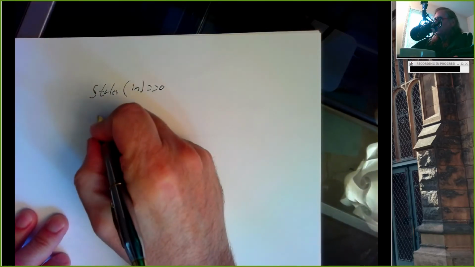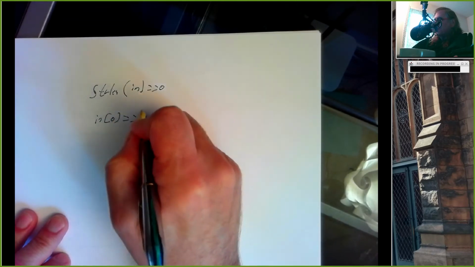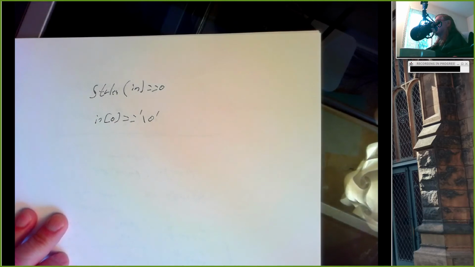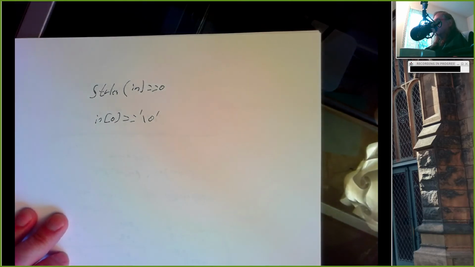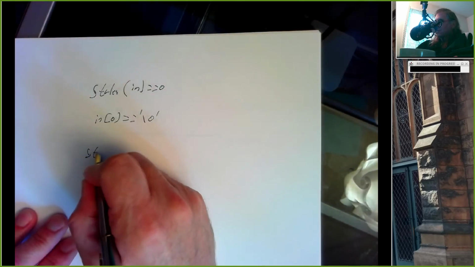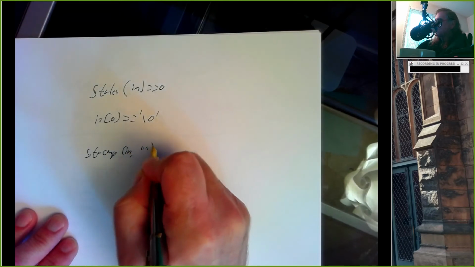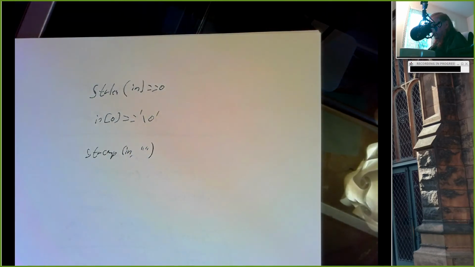We can also see if the first character is equal to the null terminator. And that'll also tell us. We could also string compare to an empty string. And that'll also tell us.